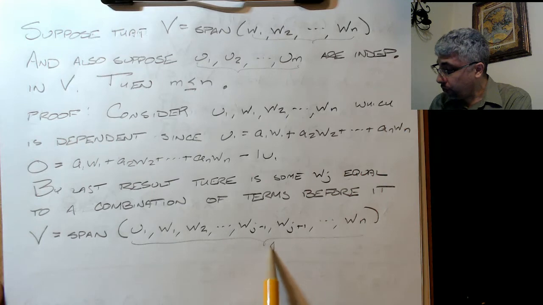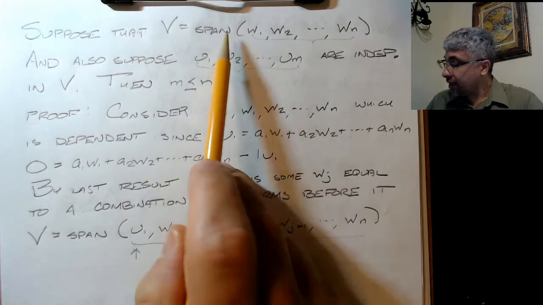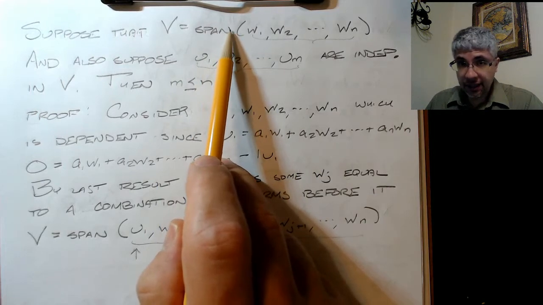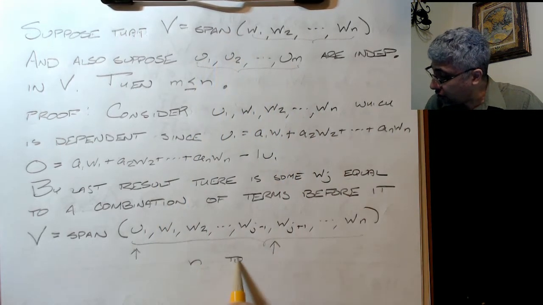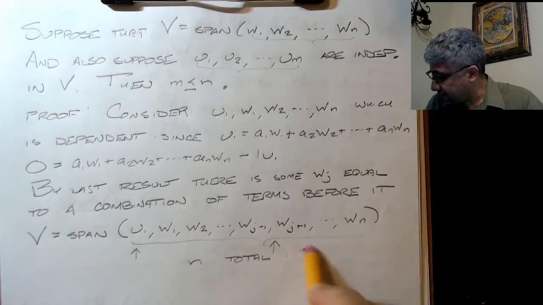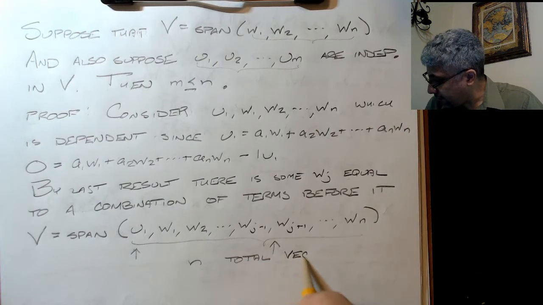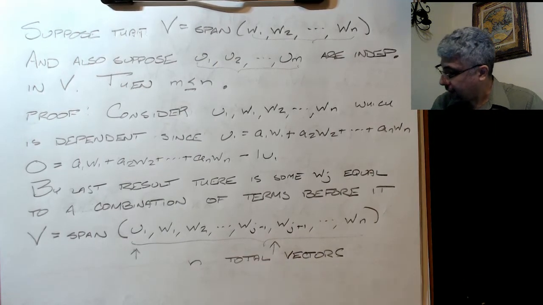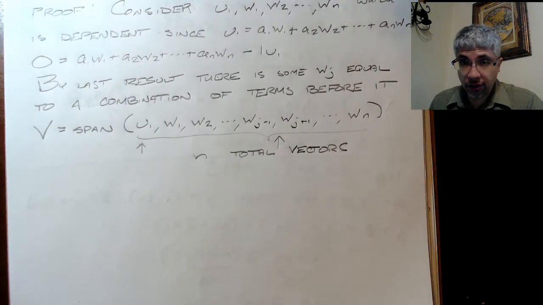We removed one thing there and we added one thing there. So the length of this span is unchanged. There are still n total vectors. Let's use the correct word. In terms is okay, but let's be specific. We have n total vectors here.